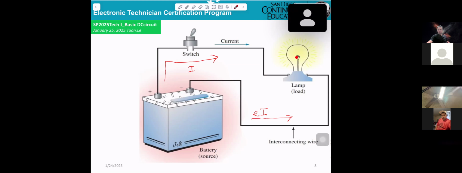When they're broken, current cannot flow through it. So that's why it's not on. So basically, you can see for electronics, the current is converting from electrical into heat. That's how they work.